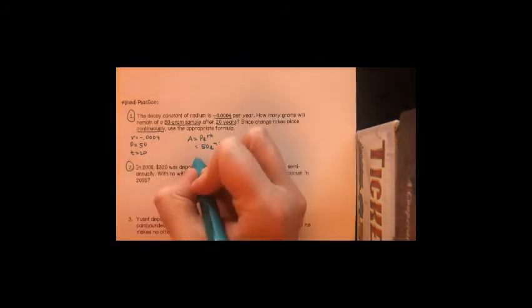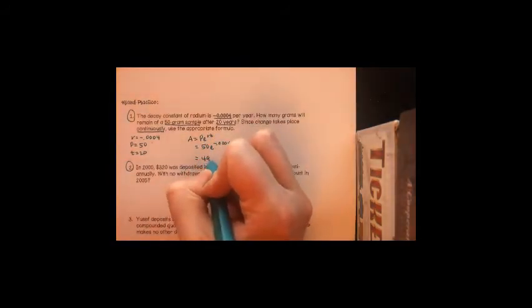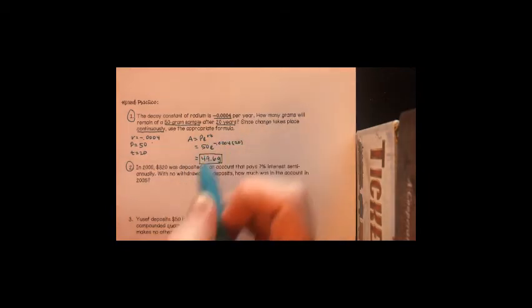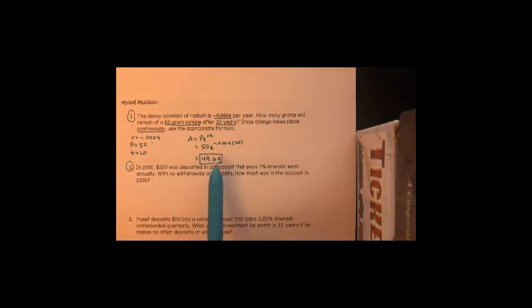So since this one isn't money, I'm just going to keep it as 49.6 grams. So it really didn't decay that much over 20 years because this rate is really like 0.04%. It's like something super small.